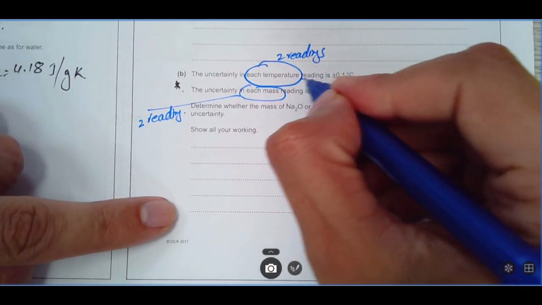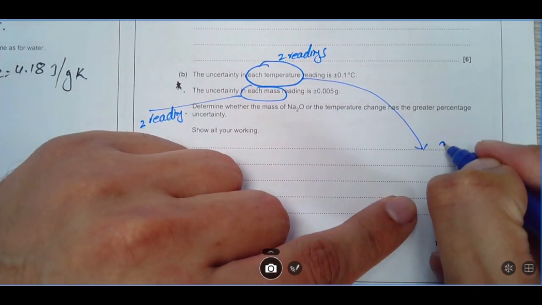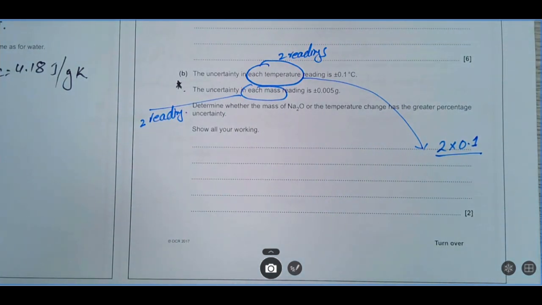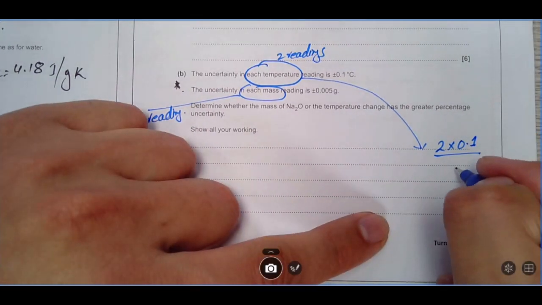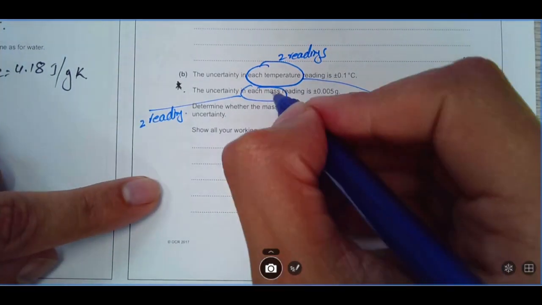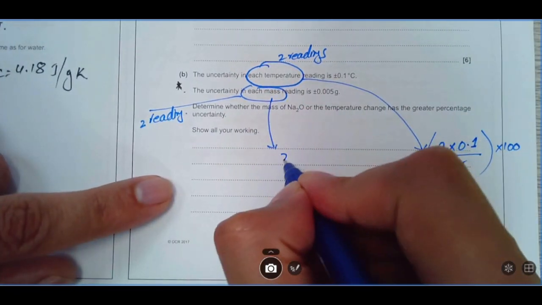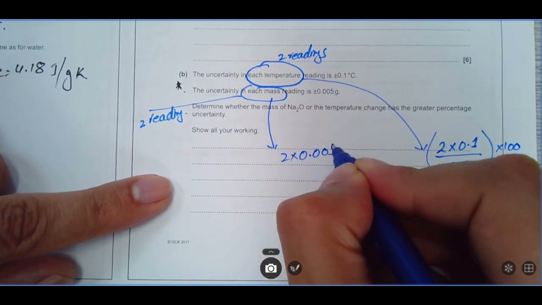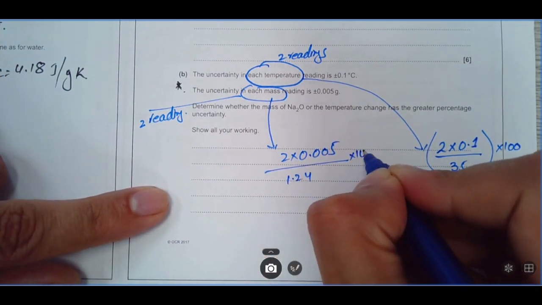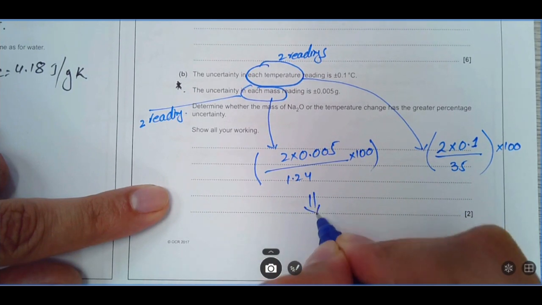To work out the temperature, I'll do 2 times 0.1 over the change in temperature, so I'll divide it by 35, and multiply this by 100. For the mass, I will do 2 times 0.005 over the total mass, 1.24, times 100, and this will give me the percentage error.